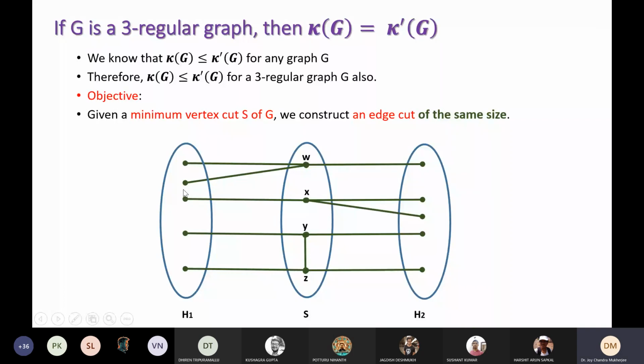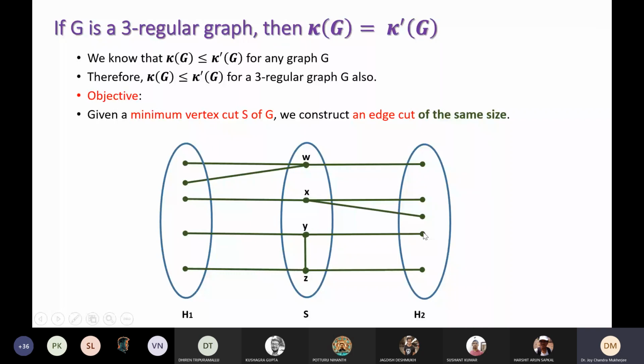Now look into this picture. Suppose this is the whole graph G, and you have a minimum vertex cut S of G. It contains the minimum set of vertices such that if we remove them, the graph will be disconnected.